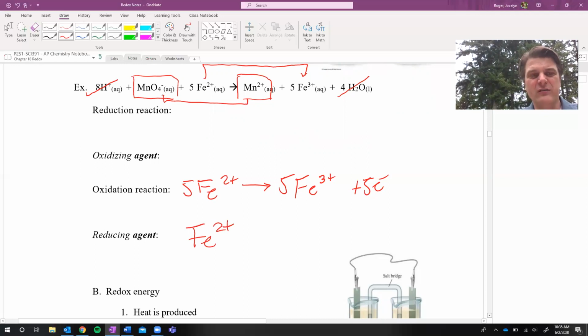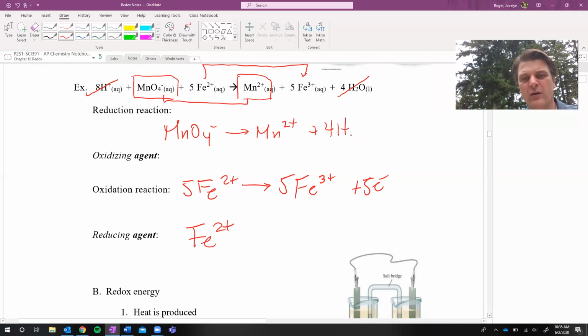The other reaction is the MnO4 minus turning into Mn2 plus. To balance it out, we would put the plus 4H2O on the other side, and the 8H plus. But what we're focusing on here is the MnO4 minus to Mn2 plus.